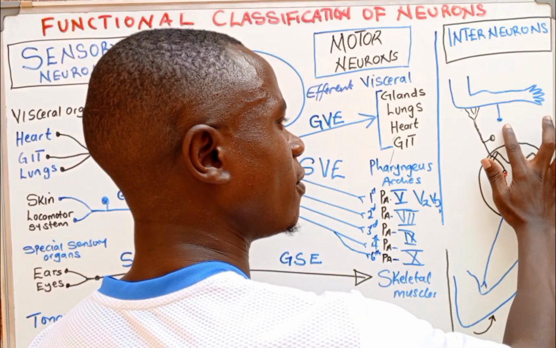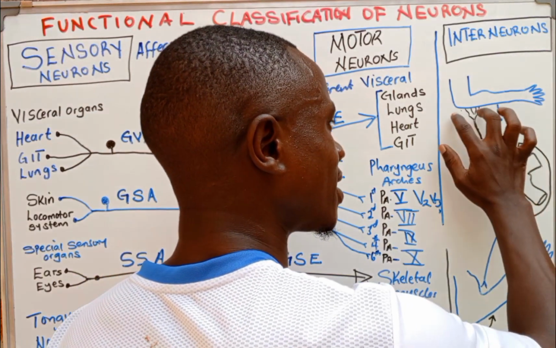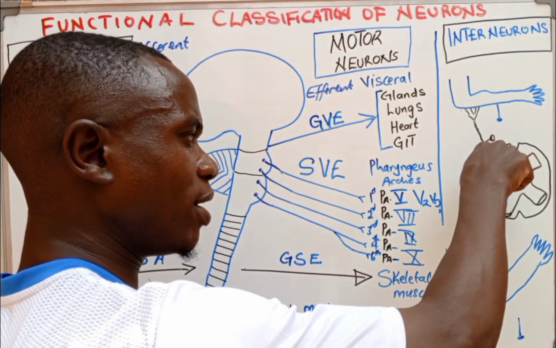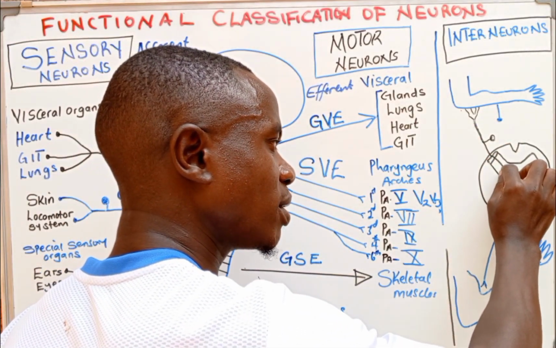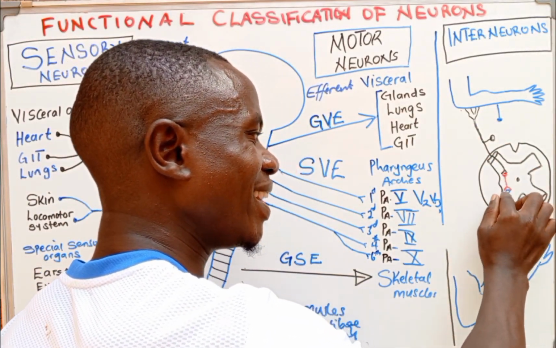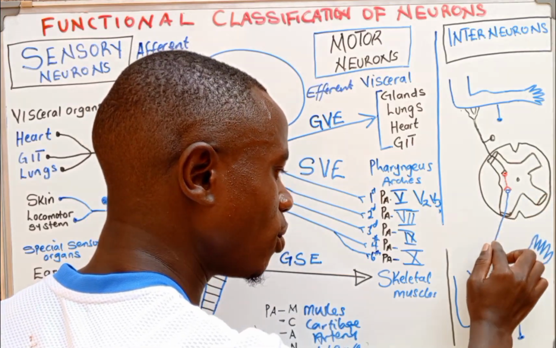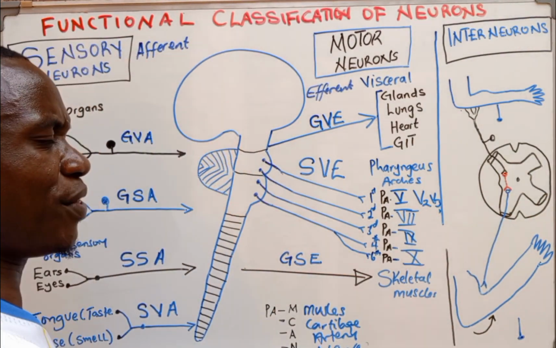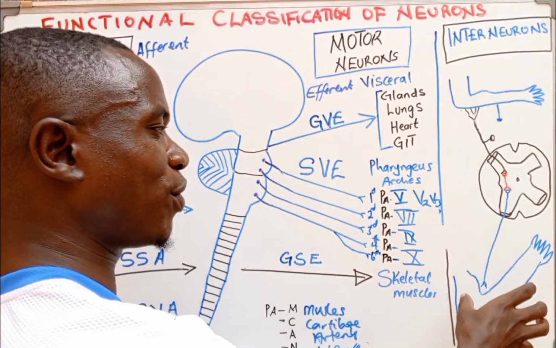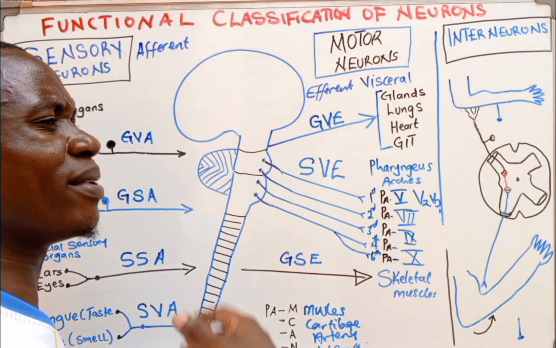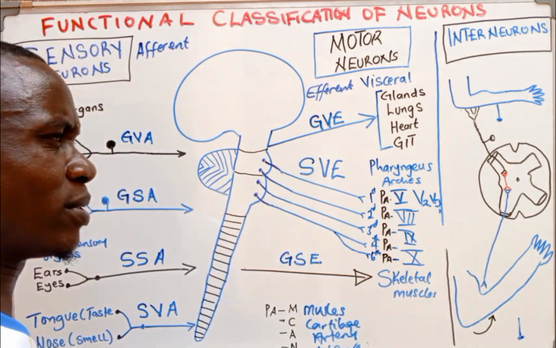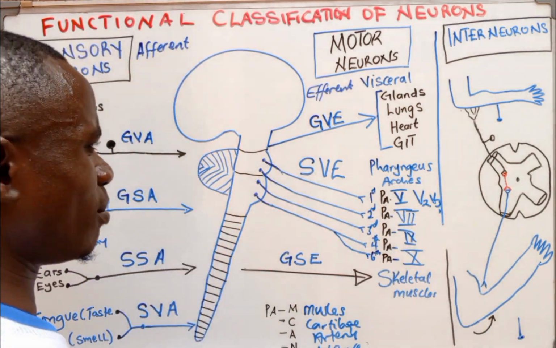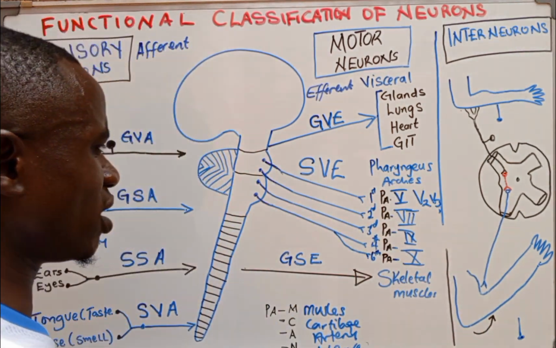So if you bring this nail onto this hand, the sensation is picked up by these sensory neurons into the posterior aspect of the spinal cord, whereby that information synapses with this interneuron, and then the interneuron commands the motor neuron to cause the contraction of the skeletal muscles, leading to withdrawal of the hand. Okay, it's such a beautiful thing that helps us protect ourselves from extensive damage by dangerous substances like nails, hot substances, and other things that can cause injuries to our bodies.